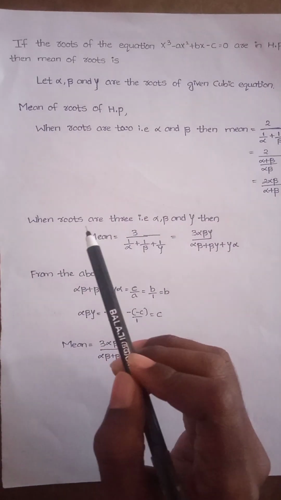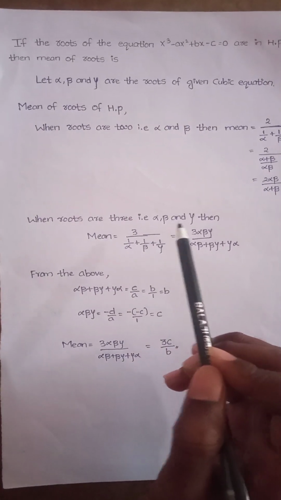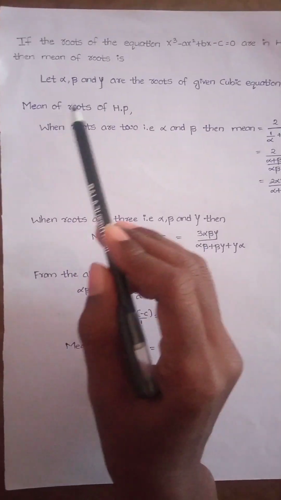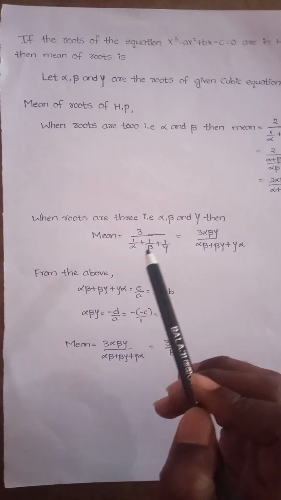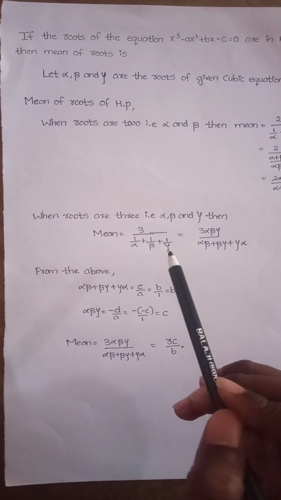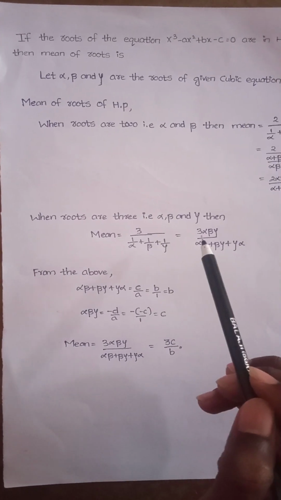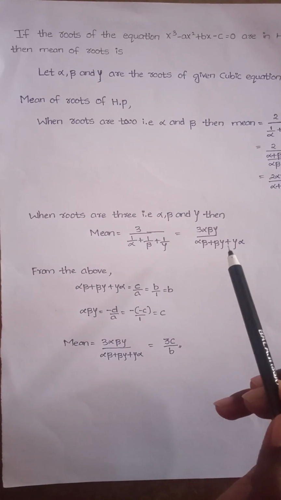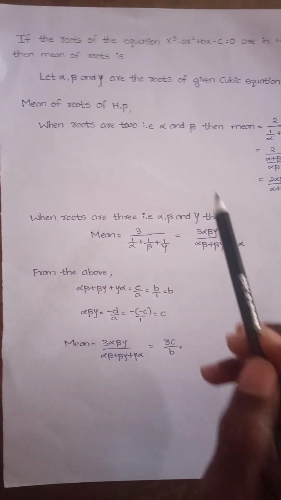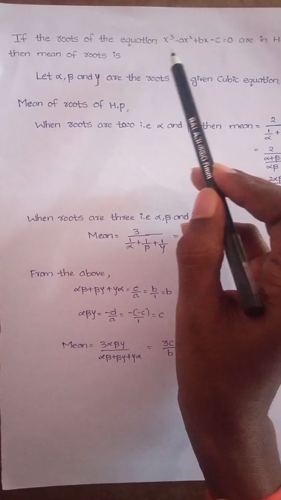And whenever the roots are 3, that is alpha, beta and gamma, then the mean of roots in HP is mean equals 3 by 1 by alpha plus 1 by beta plus 1 by gamma. On solving this we can get 3 into alpha into beta into gamma by alpha beta plus beta gamma plus gamma alpha. And as it is given, it is a cubic equation.